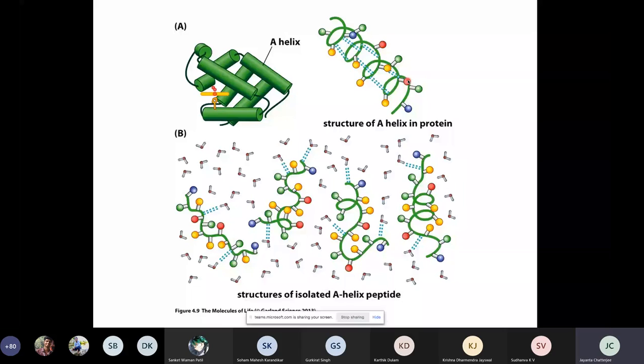Now, there are many, many types of van der Waals interaction. They are very weak interactions. So, this hydrophobic interaction is a van der Waals interaction. There are many. For example, this pi-pi interaction you will study probably later in chemistry, or CH-pi interaction, these are also van der Waals interactions.